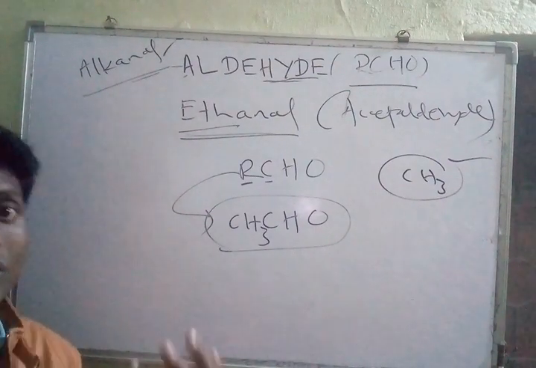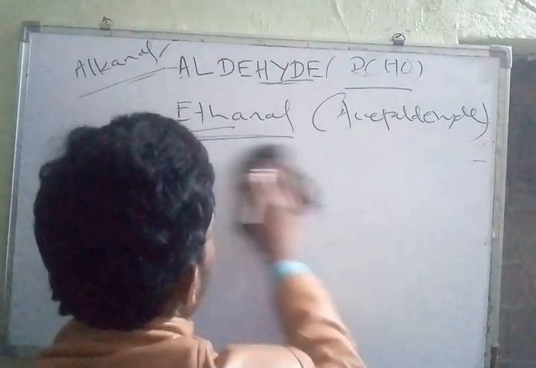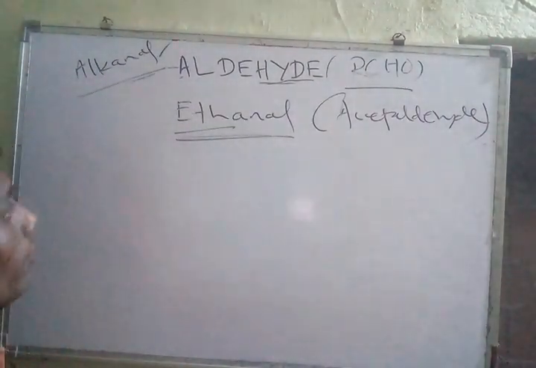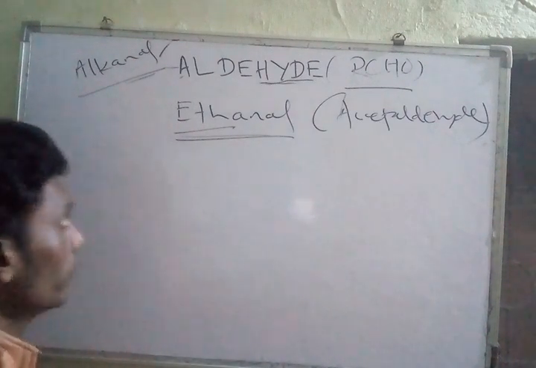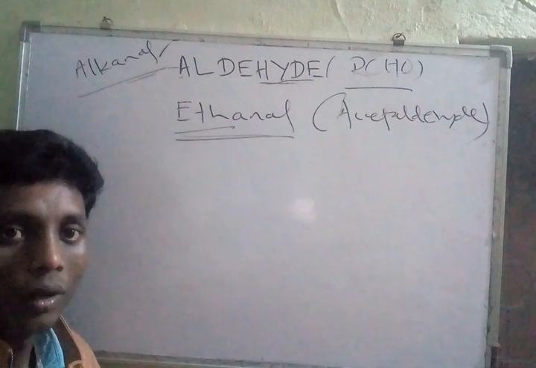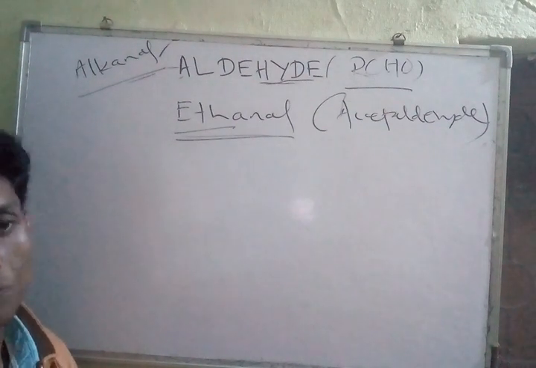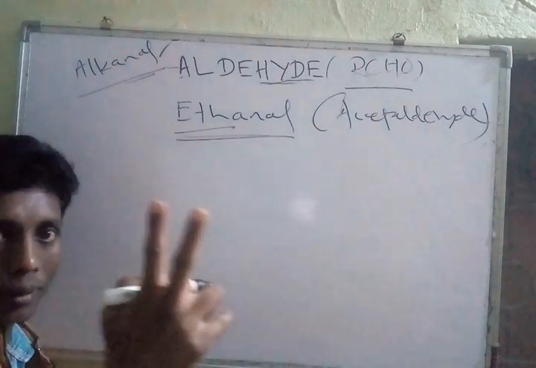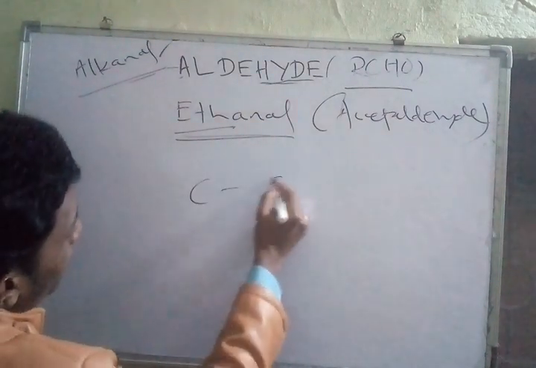And the other way is the structural way. From the structure, how can we write the formula for ethanal, the acetaldehyde? First of all, you have to know the number of carbon atoms present in the compound. Ethanal or acetaldehyde means two carbon atoms. Put two carbon atoms like this.